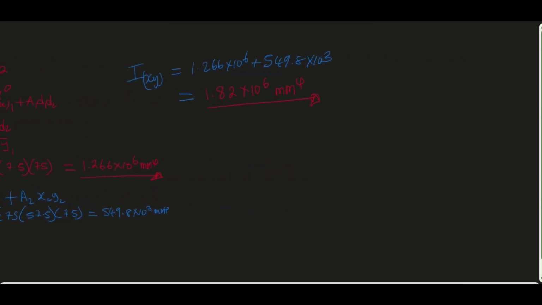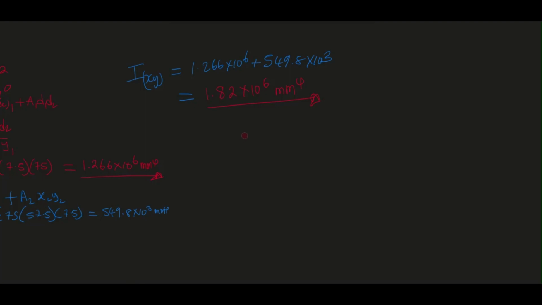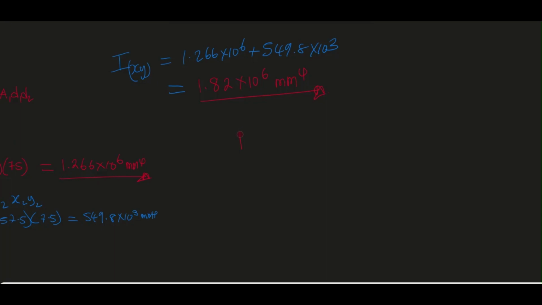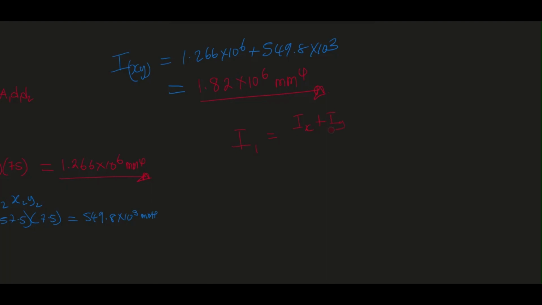From Ixy then we can find I1. I1 is equal to Ix plus Iy divided by 2 plus the square root of Ix minus Iy divided by 2 squared plus Ixy squared.